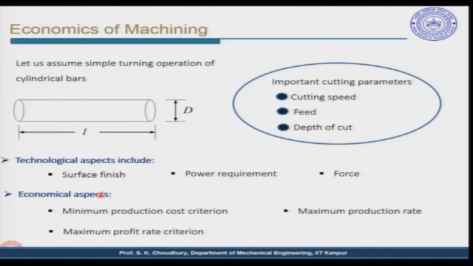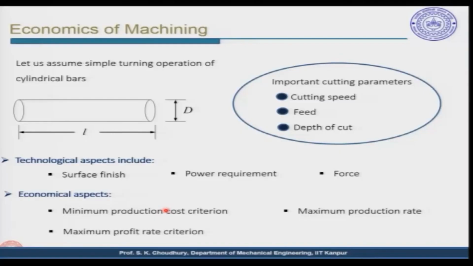Now, the economical aspects that we have not discussed, we will discuss in the economics of machining: the minimum production cost criteria, how to select the optimum cutting parameters to have the production cost minimum, or the maximum production rate, how to select the optimum cutting parameters so that we have the production rate as maximum or the profit rate as maximum. Let us see this.